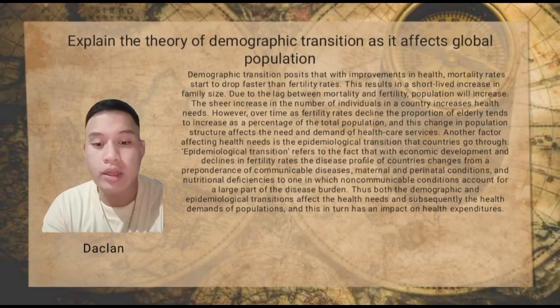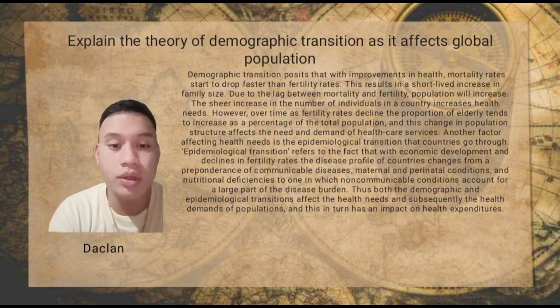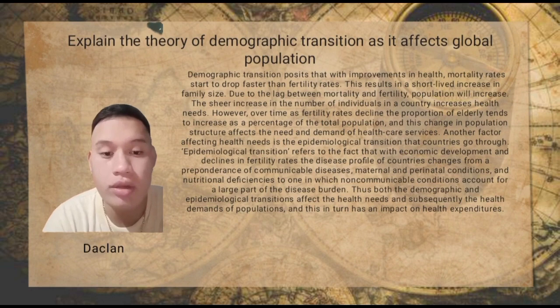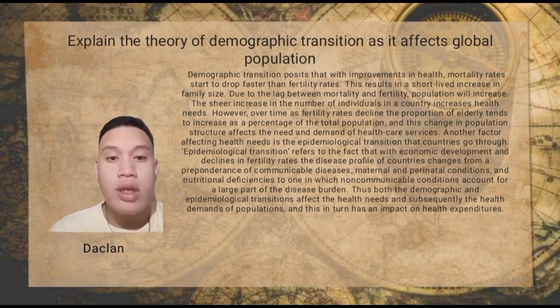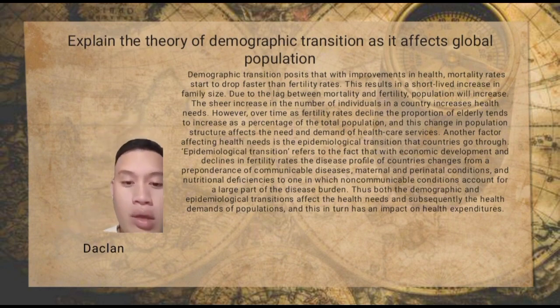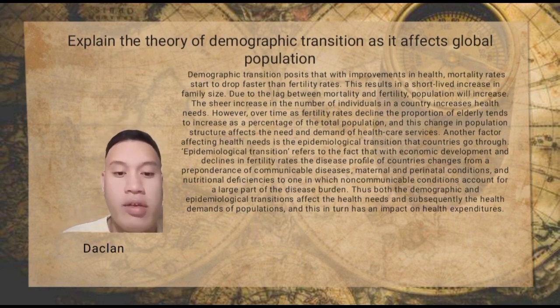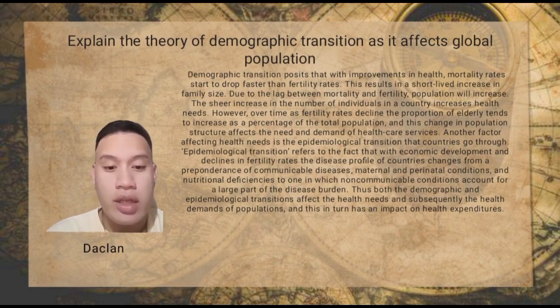Explain the demographic transition as it affects global population. Demographic transition posits that with improvements in health, mortality rates start to drop faster than fertility rates. This results in a short-lived increase in family size due to the lag between mortality and fertility.